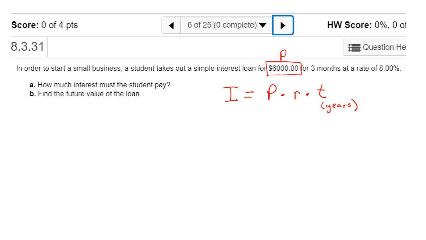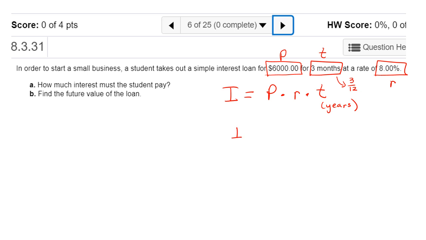The original amount that is taken out as the loan is the principal. The rate is going to be 8%, and the time is 3 months. However, the time is not in years, so we need to calculate that as 3 over 12. Go ahead and change any months to a fraction of a year.